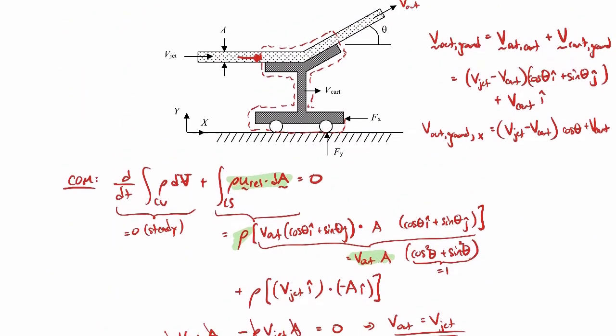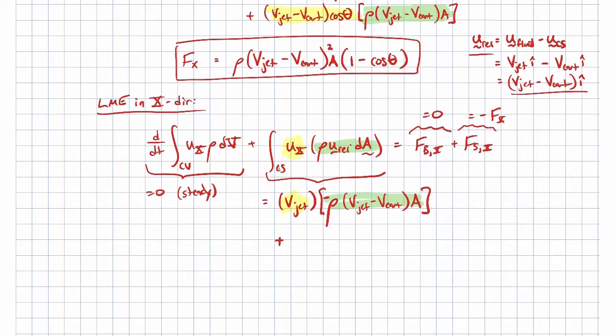V jet minus v cart cosine theta plus v cart. So that's my yellow term.